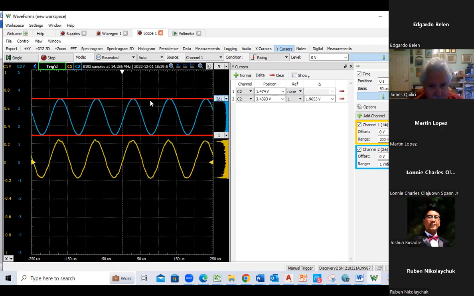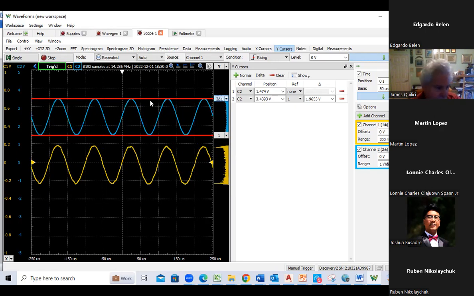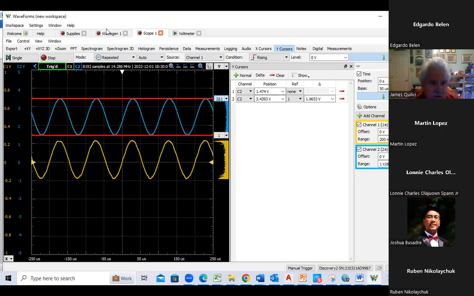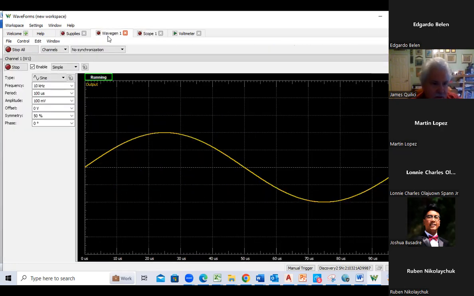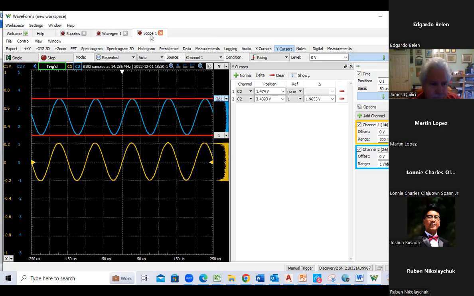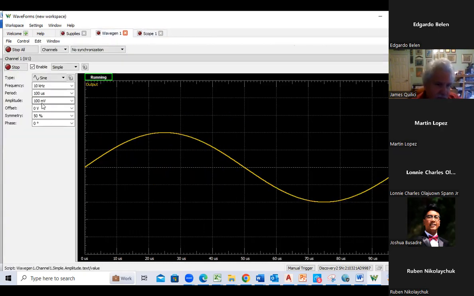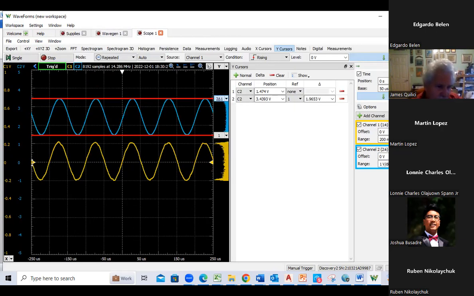My amplitude, let's see. Let me look at WaveGen here. I'm a little confused by this because right now it says my WaveGen should be 100 millivolts peak, and then on the scope it's 0.2, or 200 millivolts peak.